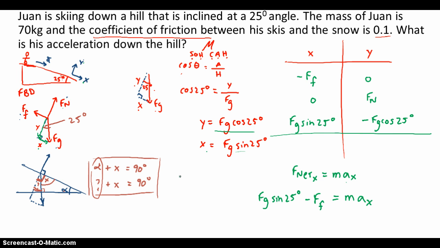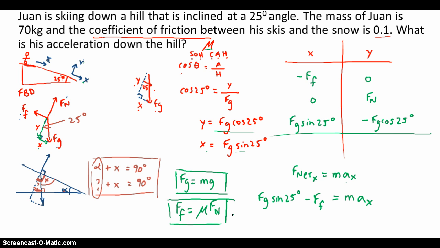Force of gravity, the definition of force of gravity, is equal to mass times gravity. You can put that somewhere on the side. And the force of friction is the coefficient of friction times the normal force. So let's sub in these two into this equation and it'll help us solve.